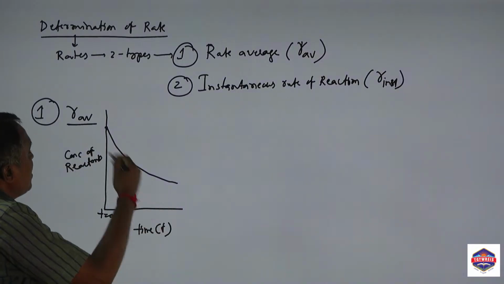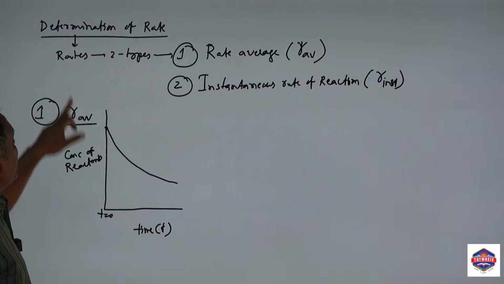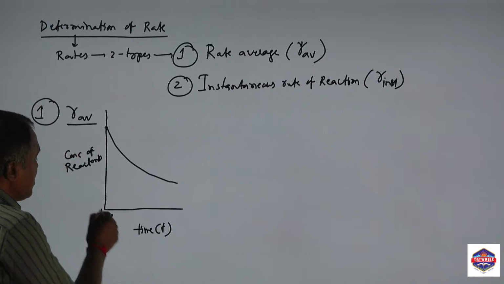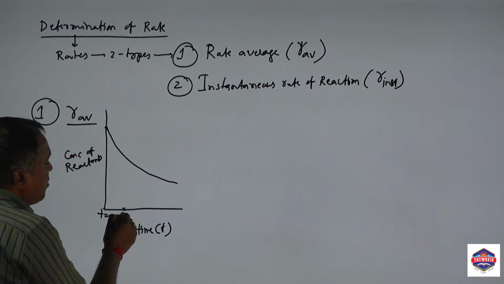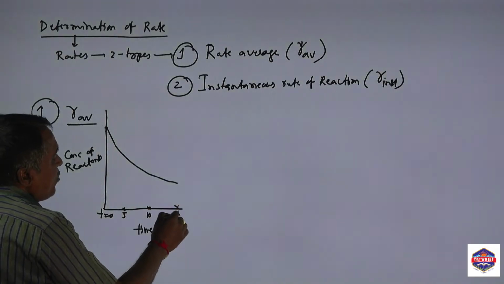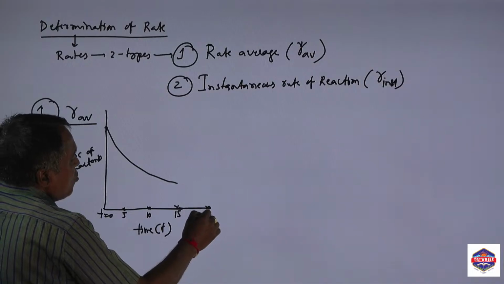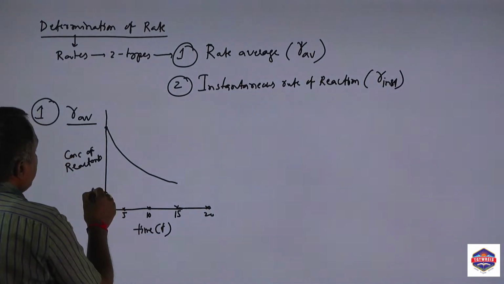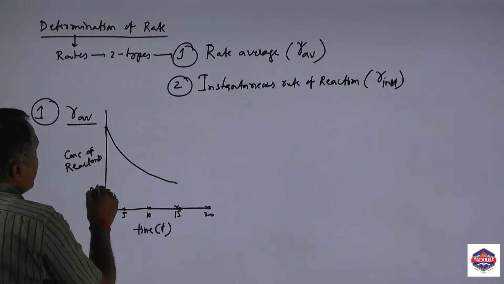So for this, how can we determine the rate average? For example, this is time t equal to 0, this is at 5 minutes, this is at 10 minutes, this is at 15 minutes, and this is at 20 minutes. Initially the concentration of reactant is 0.1 moles per liter.